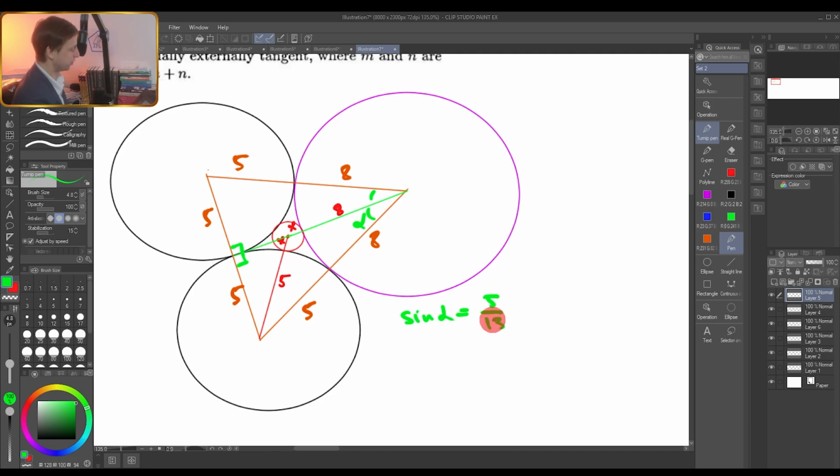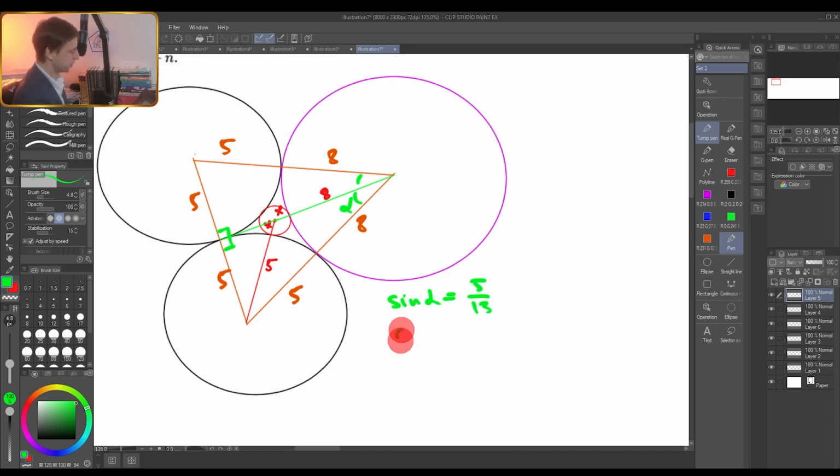If you are familiar with right triangles, 5 and 13 are very good numbers, because if you calculate cosine alpha, it would be exactly 12 over 13. You just use the formula cosine squared alpha plus sine squared alpha equals 1. And by the way, if you solve the problem and you get numbers like this, where sine is pretty good and cosine is pretty good, it is a great indication that you are probably on the right track.